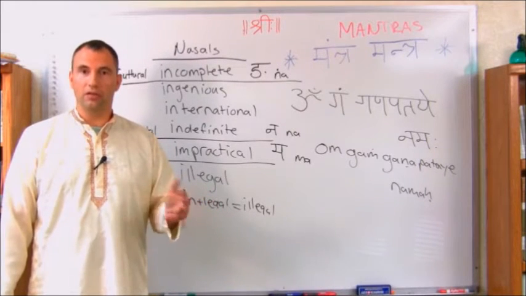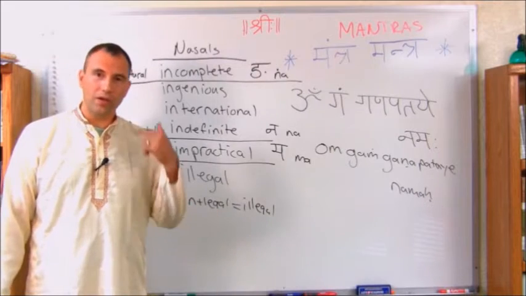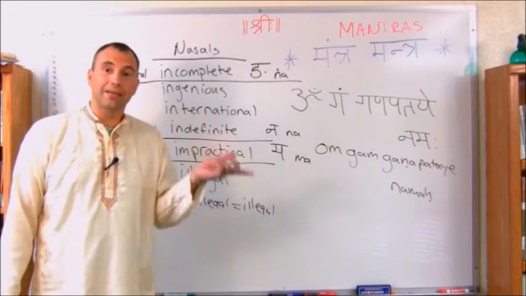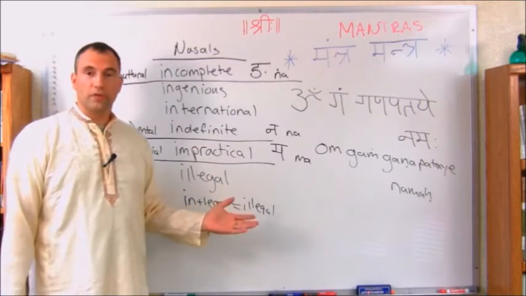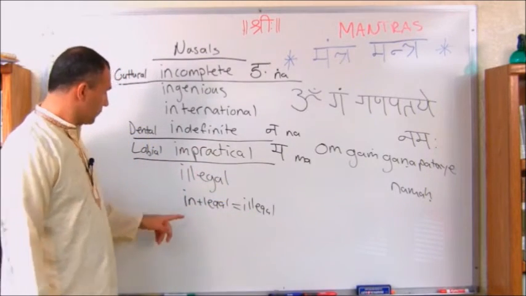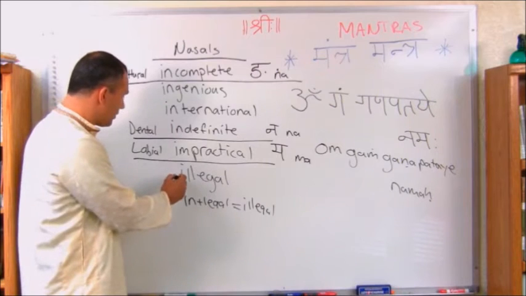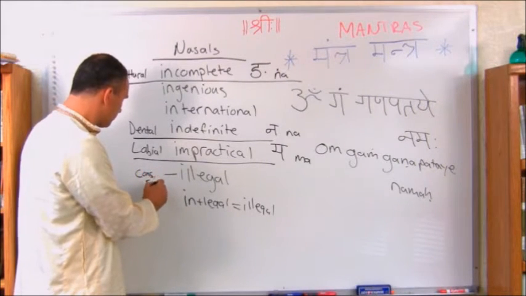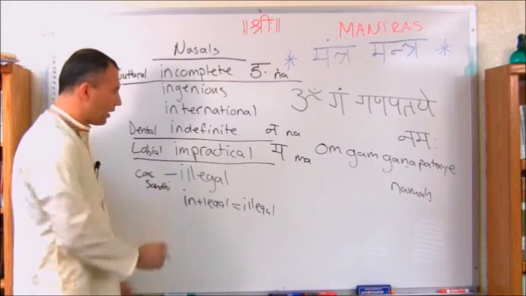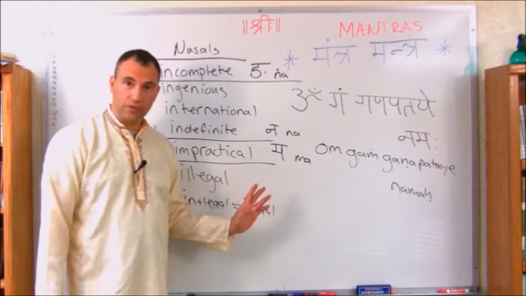In legal. You end up saying something like illegal. So the grammar rules of the language describe this process. Okay? So this is a special consonant sandhi that also happens in Sanskrit.